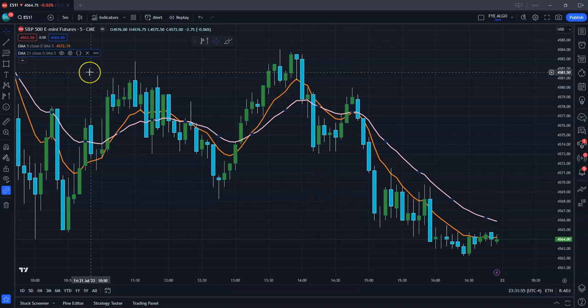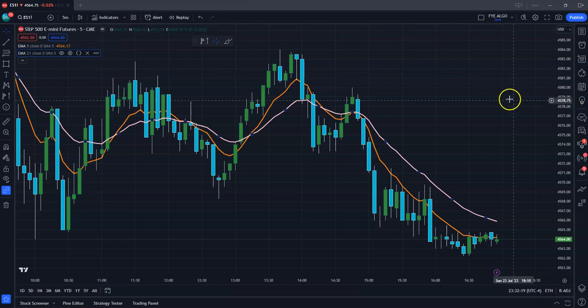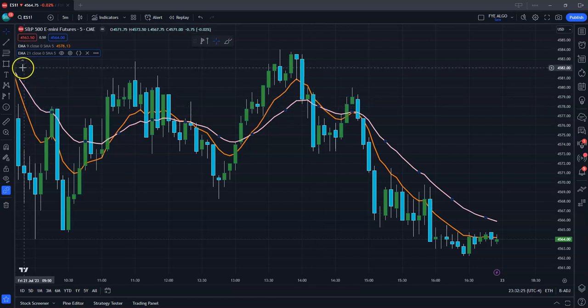The emphasis on crossovers, especially in regards to EMAs, is whenever the shorter period EMA crosses above the longer period EMA, that results in a bullish crossover. If a longer period crosses over a shorter period, that would be a bearish crossover. So, for example, the most recent crossover we had was the 21 crossing above the 9 right here in this area.